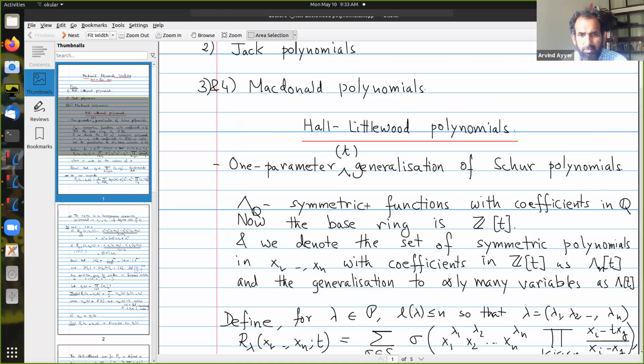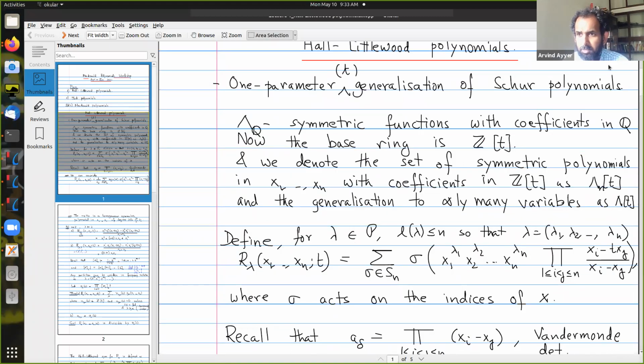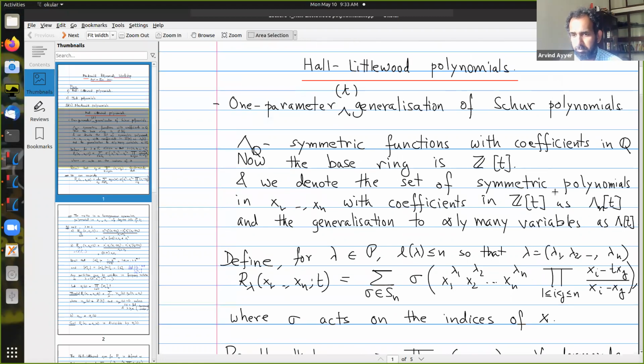So last time we defined the Hall-Littlewood polynomials. I defined them following Macdonald in a kind of brute force way as this sum. These involve a parameter t, and we'll call the set of symmetric functions whose coefficients are polynomials with integer coefficients in t as lambda adjoint t.